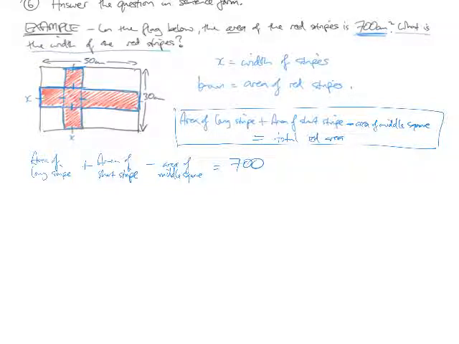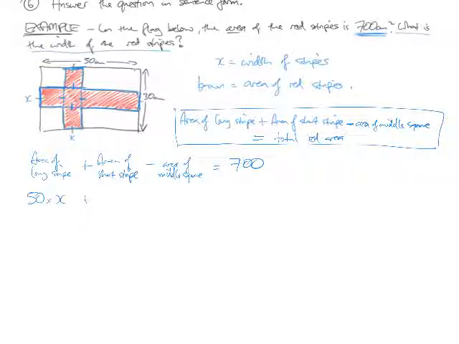So we're getting somewhere. We need to work out the area of the long stripe as an expression. The area of a rectangle is the length times by the width. We know the long stripe is 50 centimeters long times by the width, which is x.